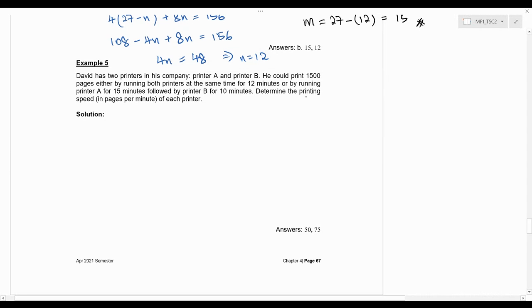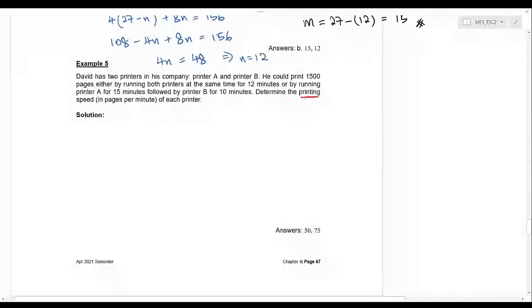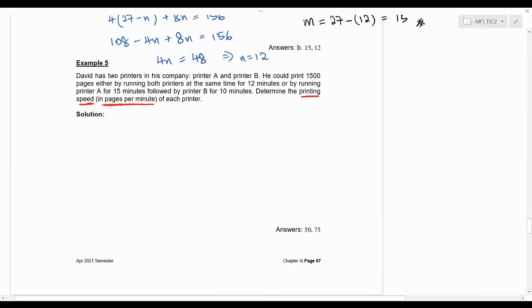So the printing speed is the crucial thing here. The printing speed is in pages per minute. Every printer is different. You can print very fast, you can print very slow. So it's dependent on the printing speed, and then you can achieve the number of pages.